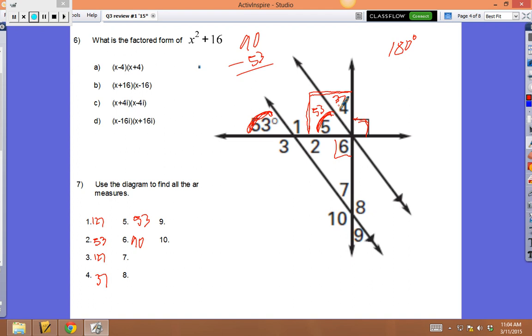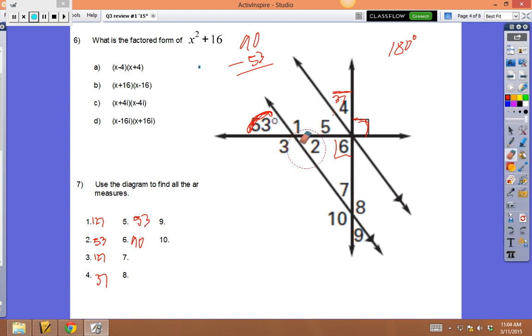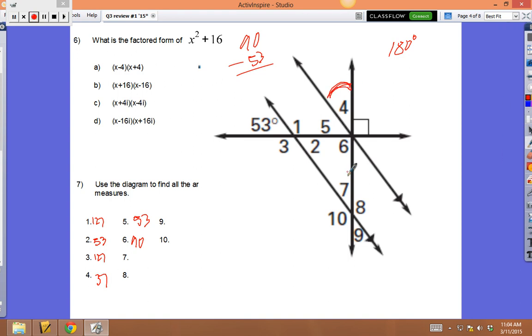Okay, now 4, let me erase some of this stuff. 4 is in the same location as 7. So whatever 4 is, 7's got to be the same because they're corresponding angles. So 4 is 37. 7 also has to be 37.